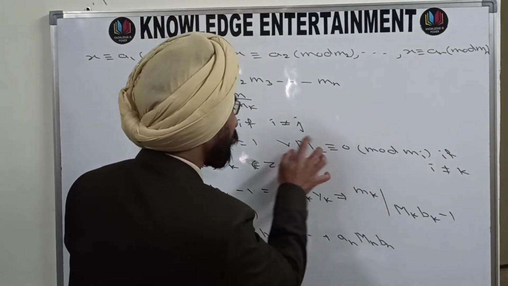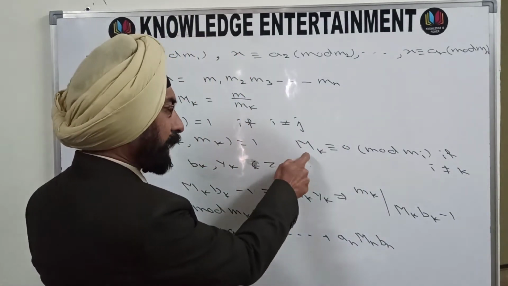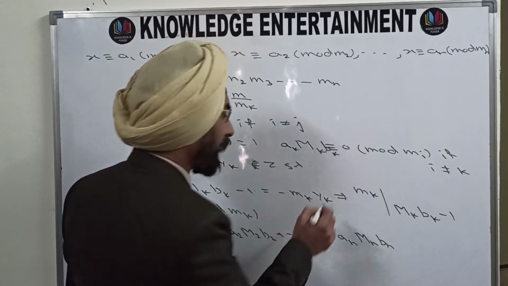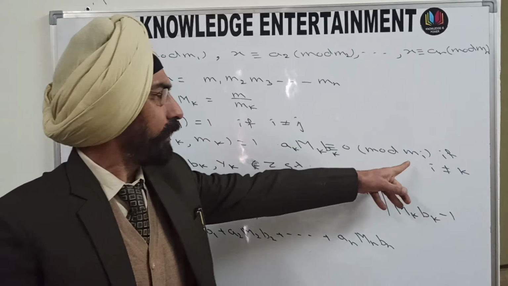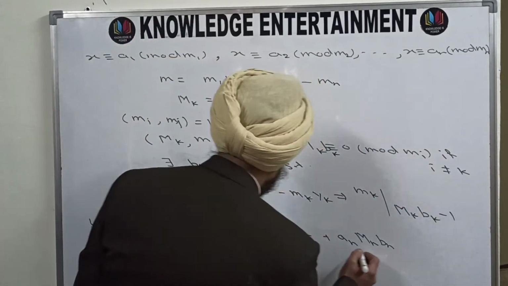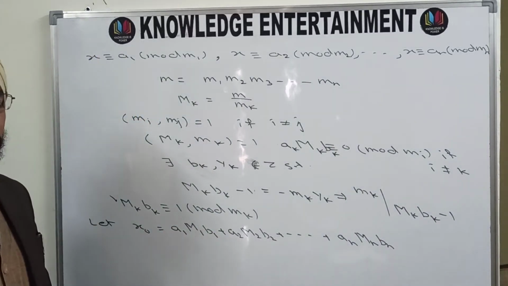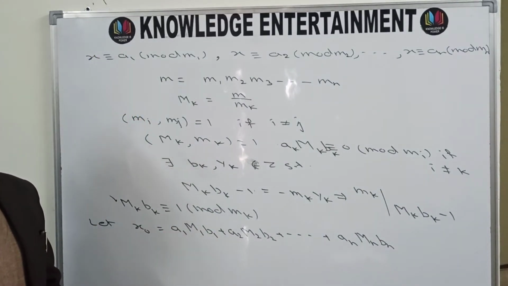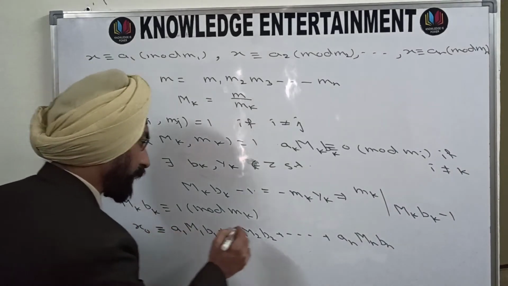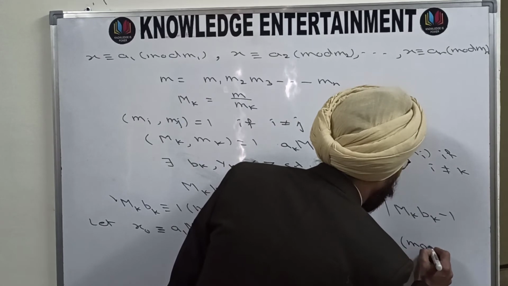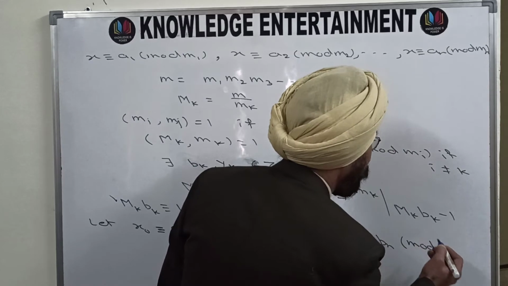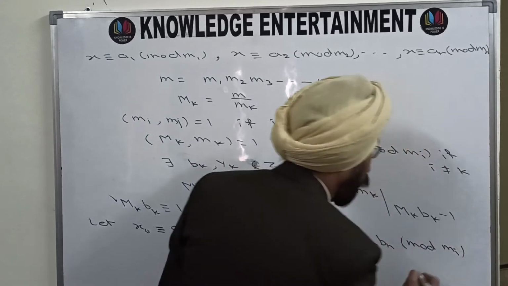Multiplying this Mk by ak bk will also be congruent to 0 modulo mi if i is not equal to k. If two numbers are equal, then, since the congruence relation is reflexive, they are congruent to each other modulo anything, and here I am taking modulo mi.